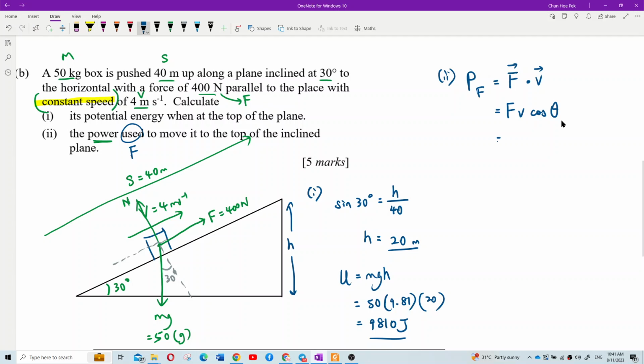So I can get 400, velocity is 4, cosine what's the theta, class? What's the angle between force F and V? Very easy. Parallel, right? Parallel means 0. So cosine 0 is 1. Correct or not?